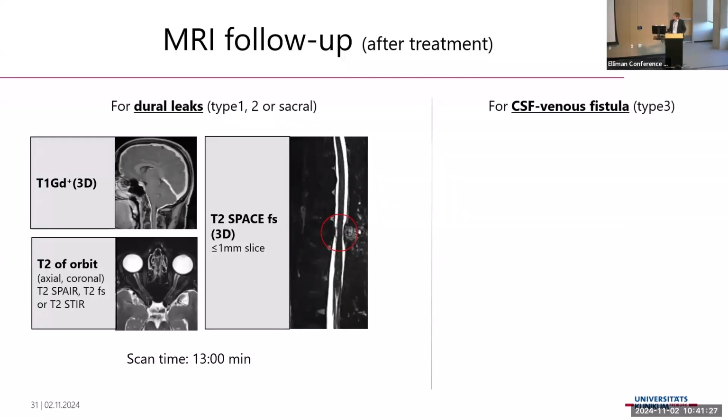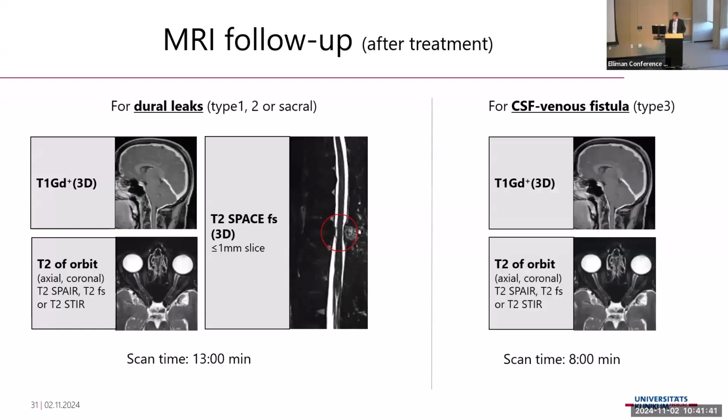And we only perform one block of the T2 SPACE fat sat centered on the previous leak site. And for patients with the CSF venous fistula, I think you don't have to do a spinal MRI for the follow-up at all, because these patients never had epidural fluid.